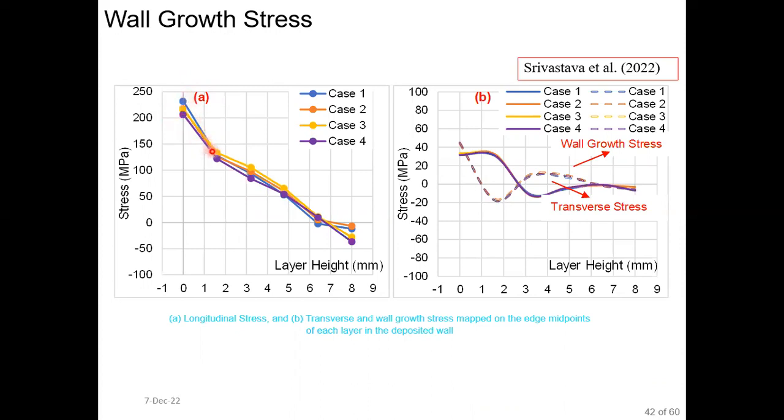However, it keeps on decreasing due to the heat treatment effect as the second and onwards layers are being deposited. At the final layer deposition, after it reaches room temperature, the upper surface of the top layer is experiencing a compressive state of stress, with values ranging between 0 to minus 50 megapascal.